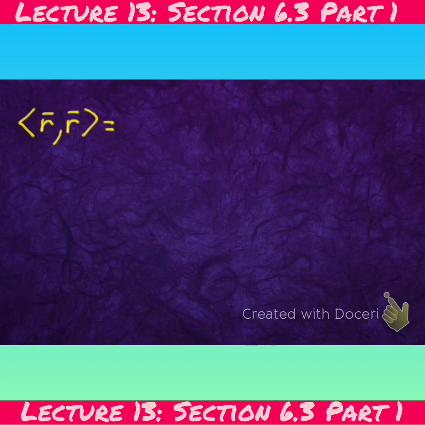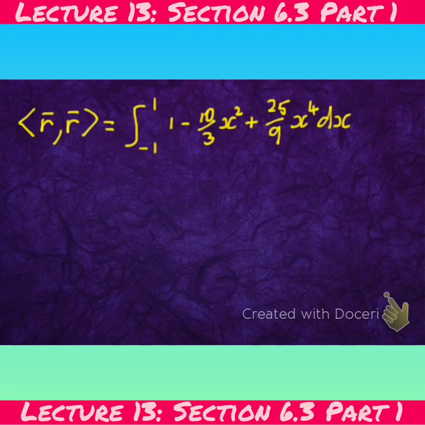So you're going to multiply 1 minus 5/3 x squared with itself, and you're going to get the integral from -1 to 1 of the function 1 minus 10/3 x squared plus 25/9 x to the 4.